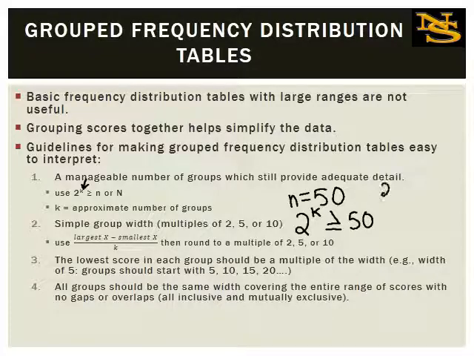So we could start with 2 to the second power, 2 to the third, and see what we get. 2 times 2 is 4. 2 to the third power would be 2 times 2 is 4 times 2 is 8. We're not near 50 yet, so we do 2 to the fourth power, we would get 16.